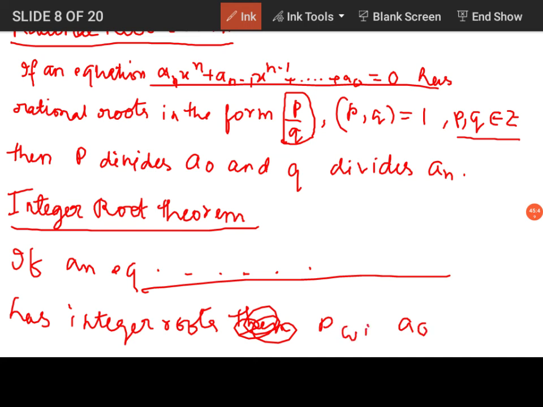And since Q is 1, we cannot say now that Q will only divide AN, because 1 can divide any number. So this is the same as the rational root theorem, but in this case just Q equals 1. That's why we have changed all of this. Correct? Very important, these two theorems, understand this.